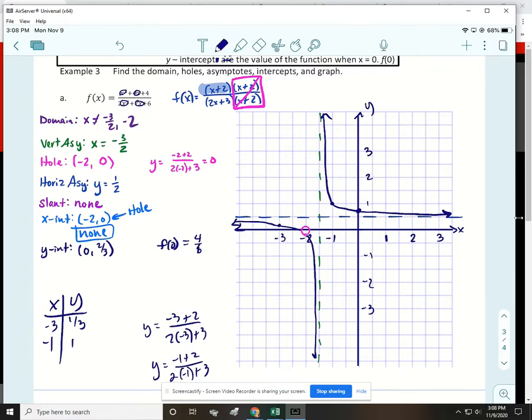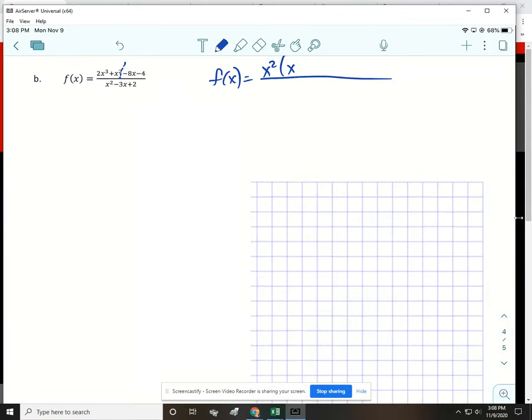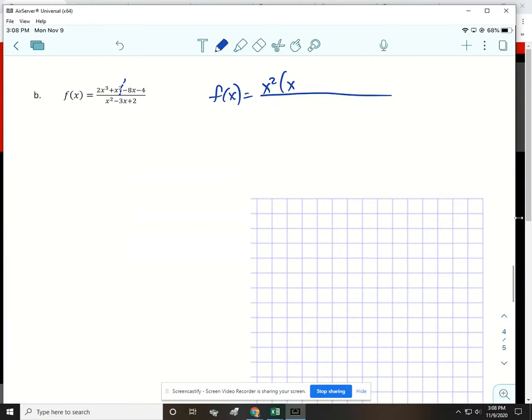All right, we're going to do one more. This one's going to take a minute to do the factoring part. So that numerator, we're going to factor by grouping. We're not done with that, but I'm going to go ahead and factor my denominator also.